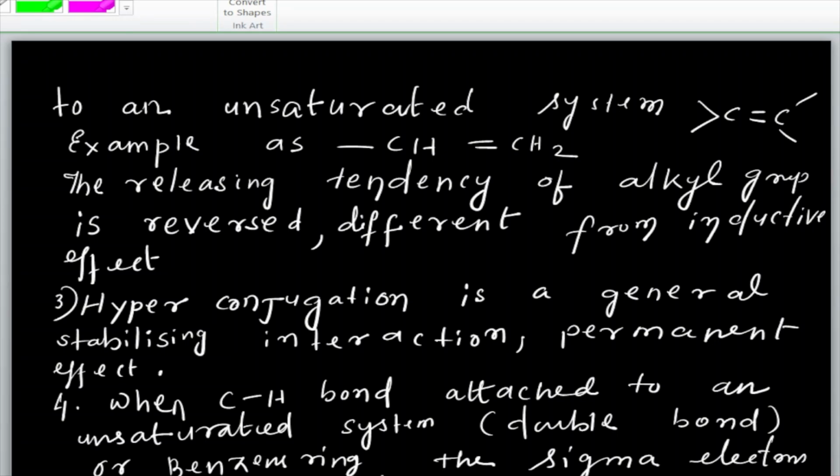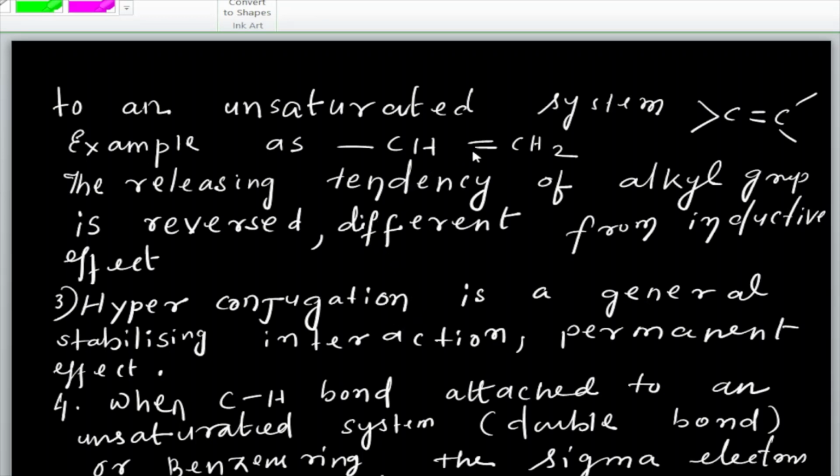An alkyl group has a tendency to release electrons. If more alkyl groups, more tendency. But if it is attached to an unsaturated system, that is a double bond, what happens? For example, C=CH2.